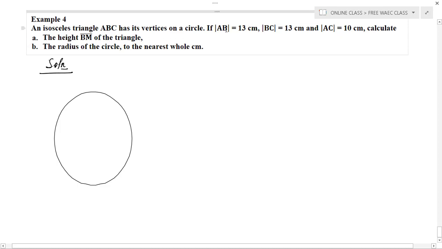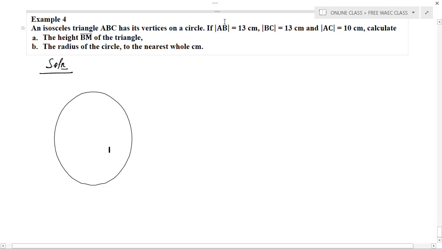From this, you can see that when they give you 13, 13, you have AB, BC, which means that B is common to the two sides that are equal. So that means that those that will be the base will be A and C.